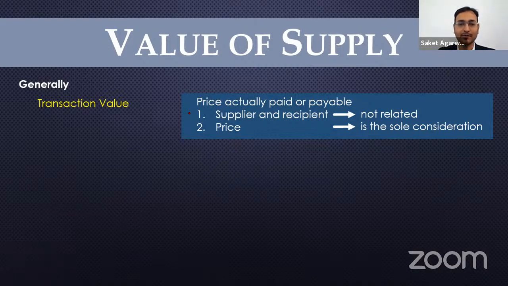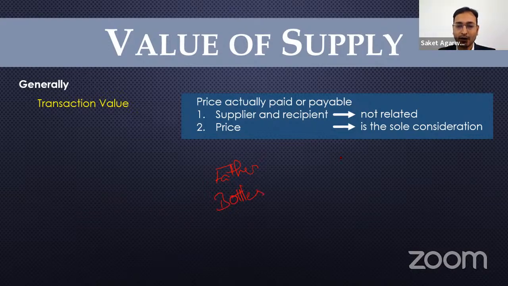What about the first one? When the supplier and the recipient are not related, only then we can follow the price. What happens is, in between related persons, the value can be affected because of the relationship. Let's say there is a father. He is in the business of manufacturing Coca-Cola bottles.